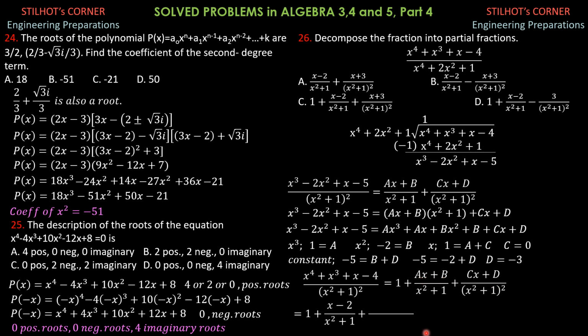So it is 1 plus 1x or x plus negative 2 or x minus 2 over x squared plus 1 plus 0x plus d negative 3 over x squared plus 1 quantity squared. So it is 1 plus x minus 2 over x squared plus 1, then minus 3 over quantity x squared plus 1 squared. So that's it.